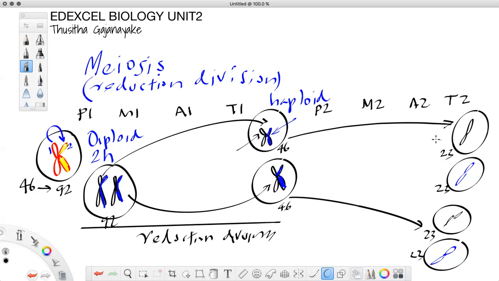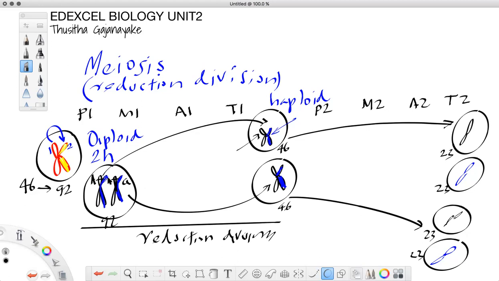But actually we have to understand it not by numbers, but quality wise: the homologous chromosomes are separated from each other. Because we learn from basic genetics, if there is a gene responsible for a certain character, for example, let's say capital A, the homologous chromosome has the other version of the gene, the allele, let's say simple a.